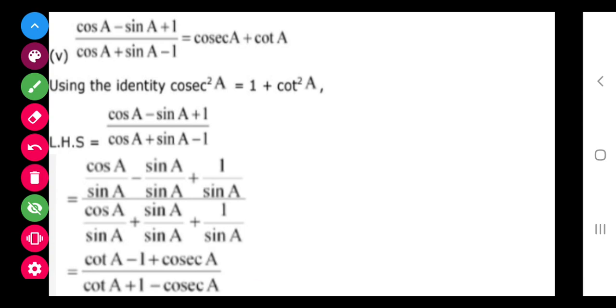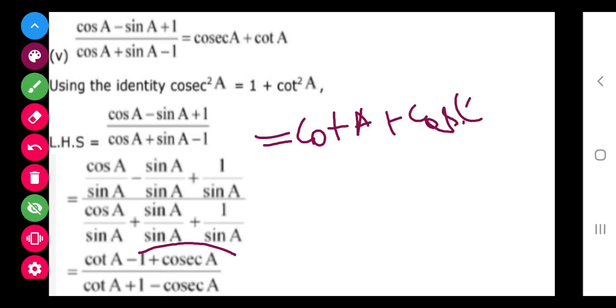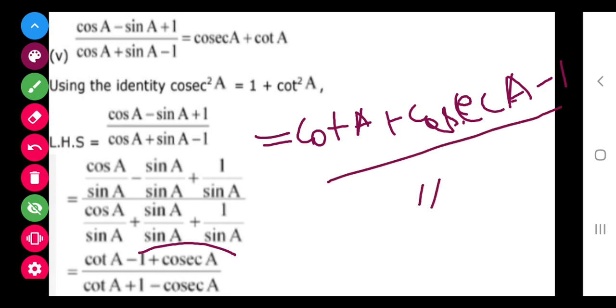But my trick is, in place of this one, I will write cot A plus cosec A, cosec A minus 1, upon the denominator as it is.